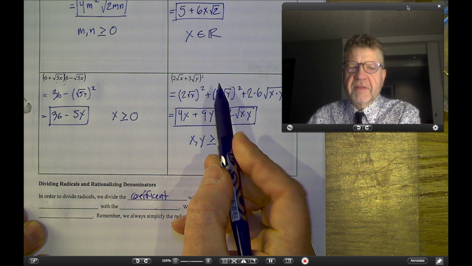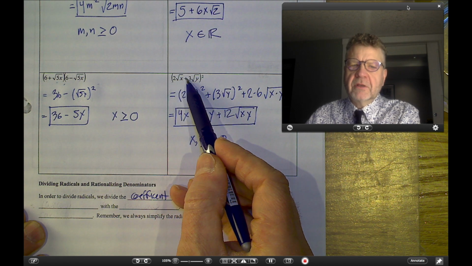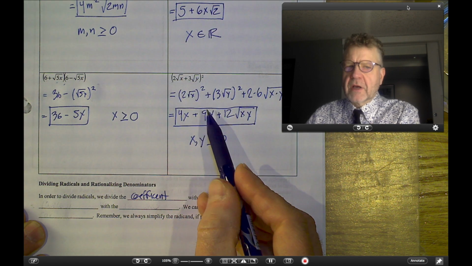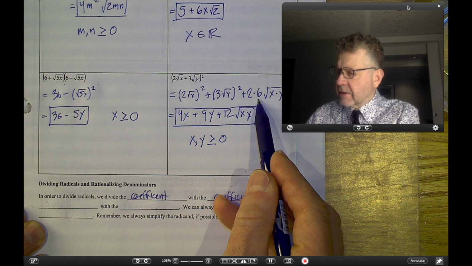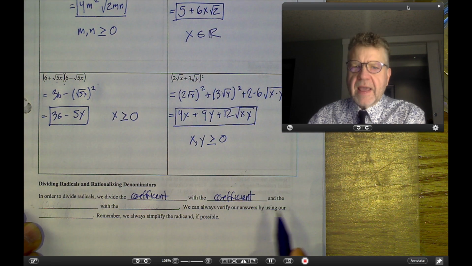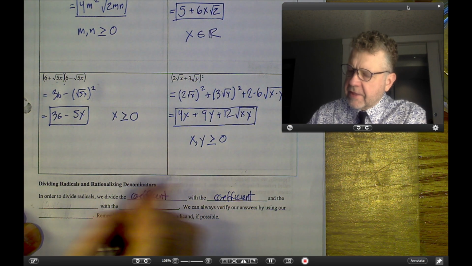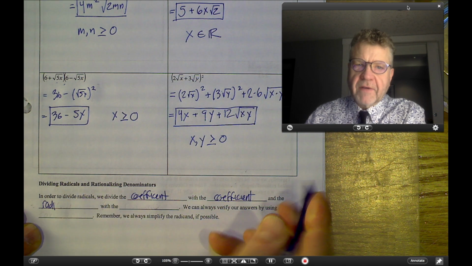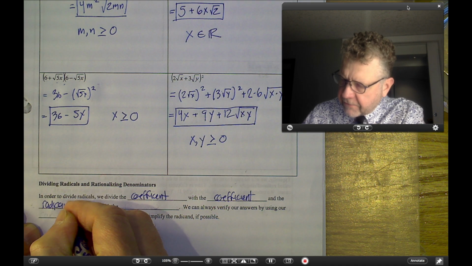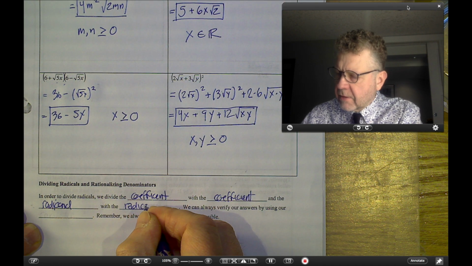Just like, for example, when you're multiplying, you took the coefficient of one and multiplied it by the coefficient of the other. That's what got us this 6 right here. We got the 2 because we had to do it twice, but you get that. And again, as long as the root indices are the same, you divide the radicand of the first by the radicand of the second expression.